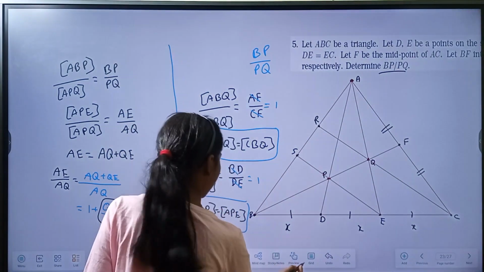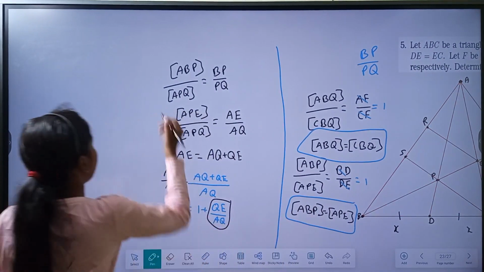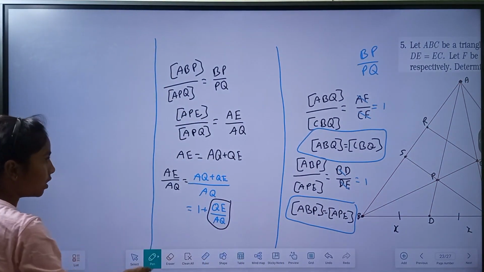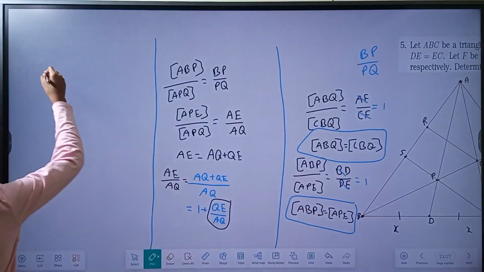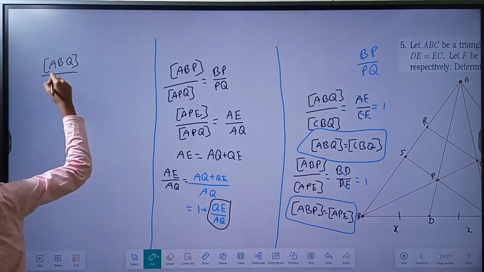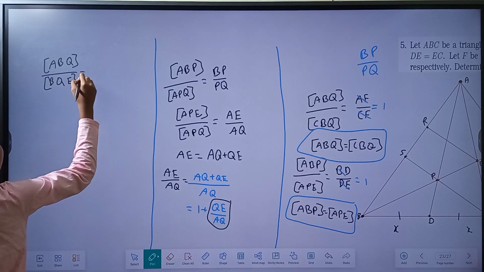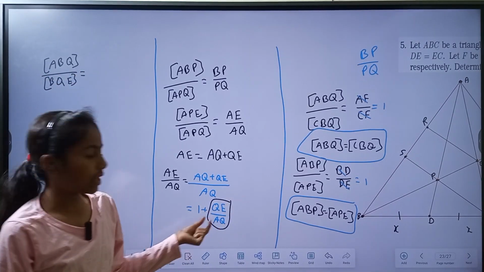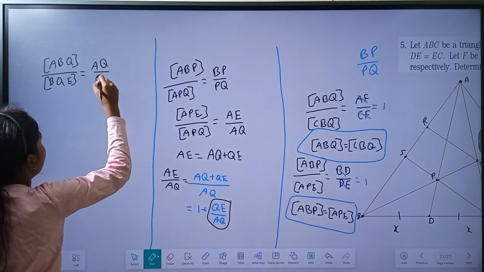So the ratio ABQ divided by BQE equals AQ by QE.